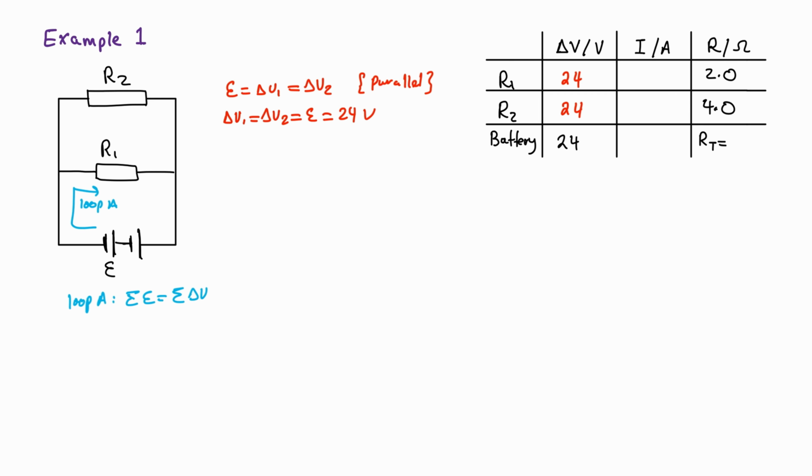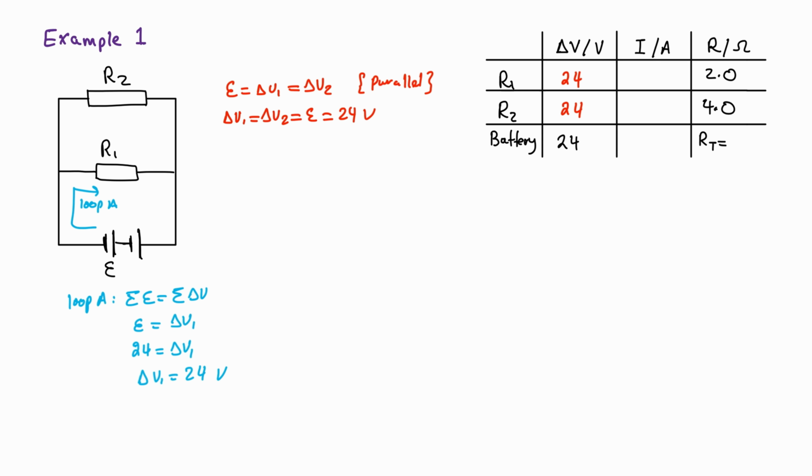In loop A, we have EMF and delta V1, so whatever energy is gained here is lost in V1. That would mean that 24 is equal to delta V1, and delta V1 is equal to 24 volts. So that's an alternative way of writing the same thing. You don't really need to write that for this specific case.